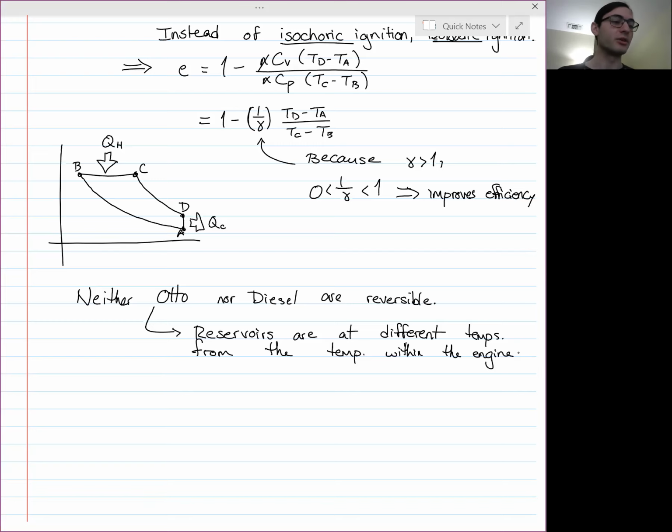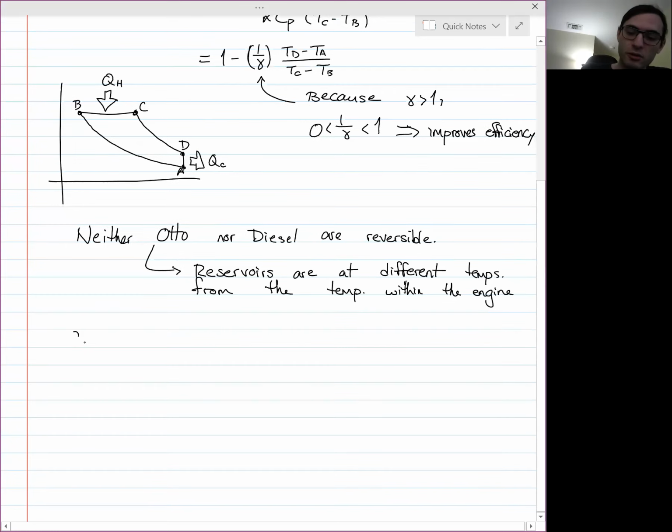But what we can do is make a reversible cycle in a real engine if we change the process.